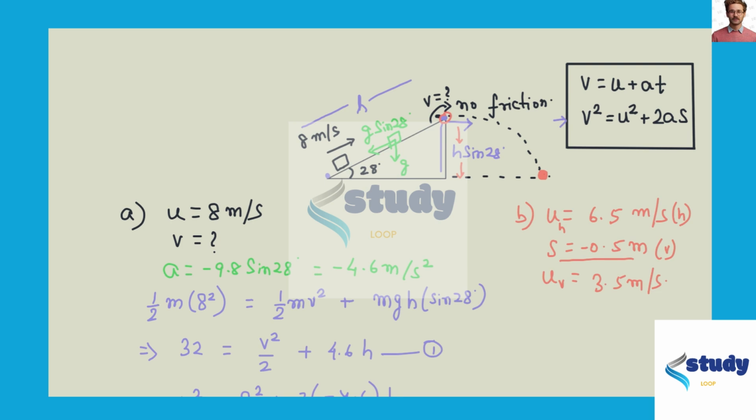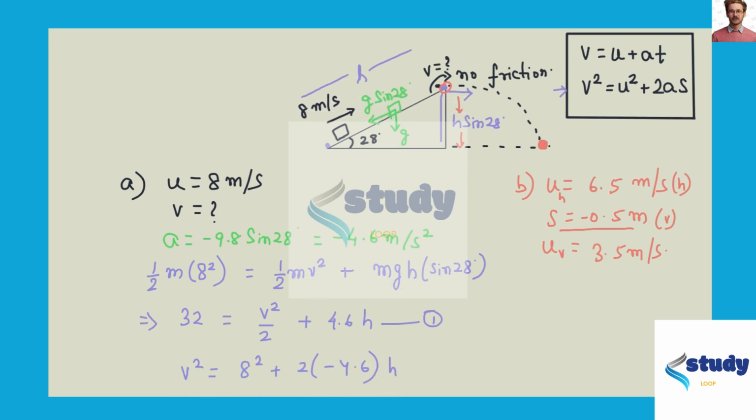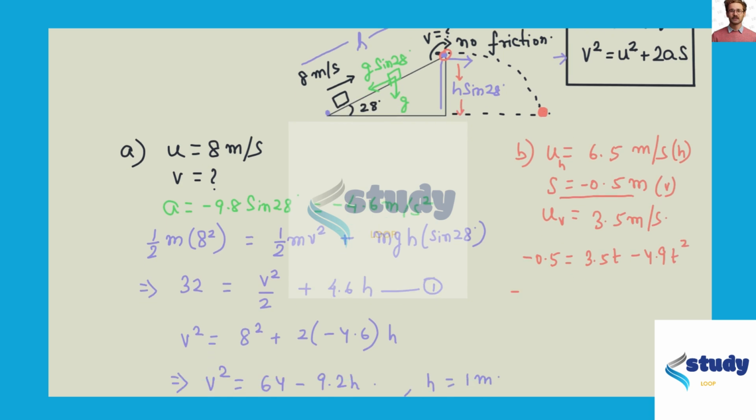Now we can use the kinematic equation s equals ut plus half at squared. So 0.5 equals 3.5 t minus 4.9 t squared, which implies 4.9 t squared minus 3.5 t minus 0.5 equals 0. Solving this, we get t as 0.84 seconds.